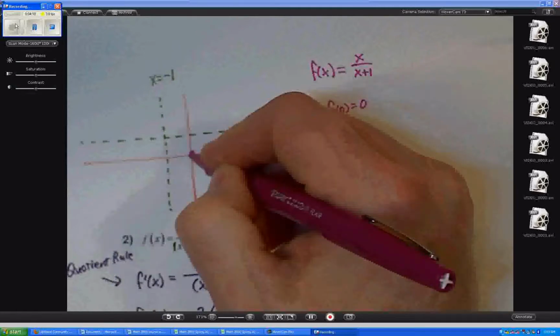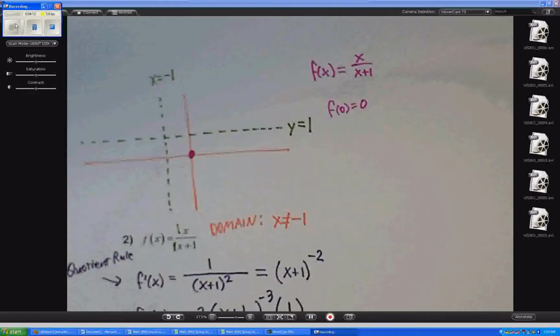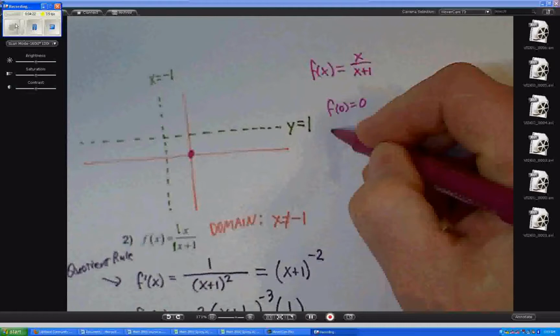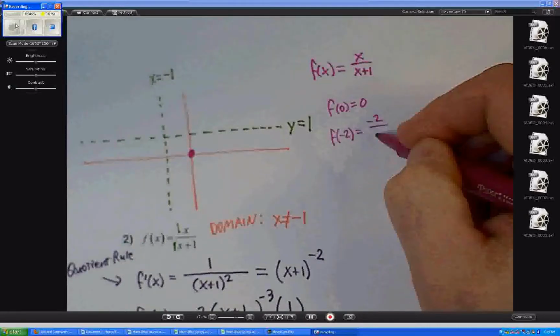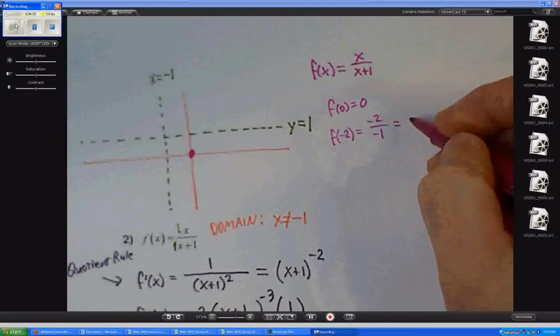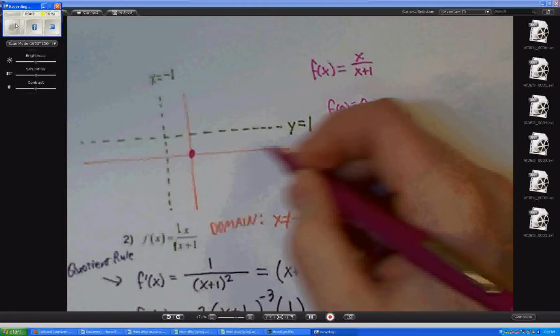Anything else you might plot? Why'd you do negative 2? Yeah, negative 1 doesn't work, but negative 2 does. Like you said, it's clean. You get negative 2 over negative 1, so what do you get? 2. Negative 2 comma 2 is right there.